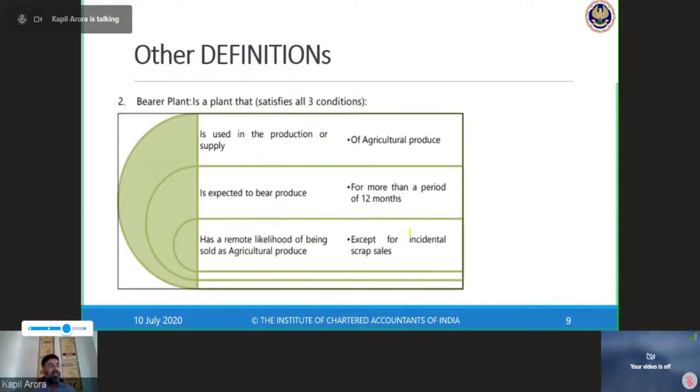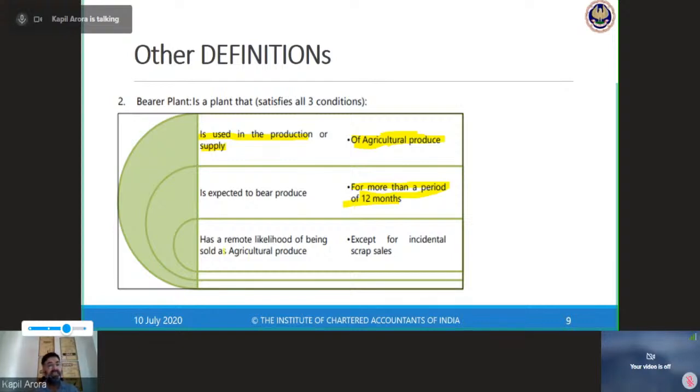Now, bearer plant we have already seen. A bearer plant is used in the production or supply, basically producing the agriculture produce, like a mango tree giving us mango. It is expected to bear produce for more than 12 months, which means it is going to give us mangoes year on year, not necessarily harvested after 1 year.